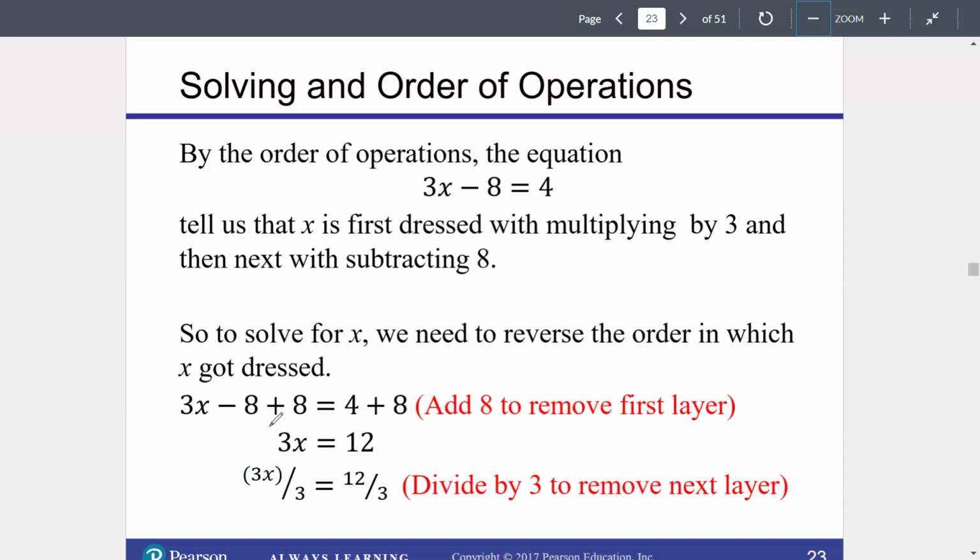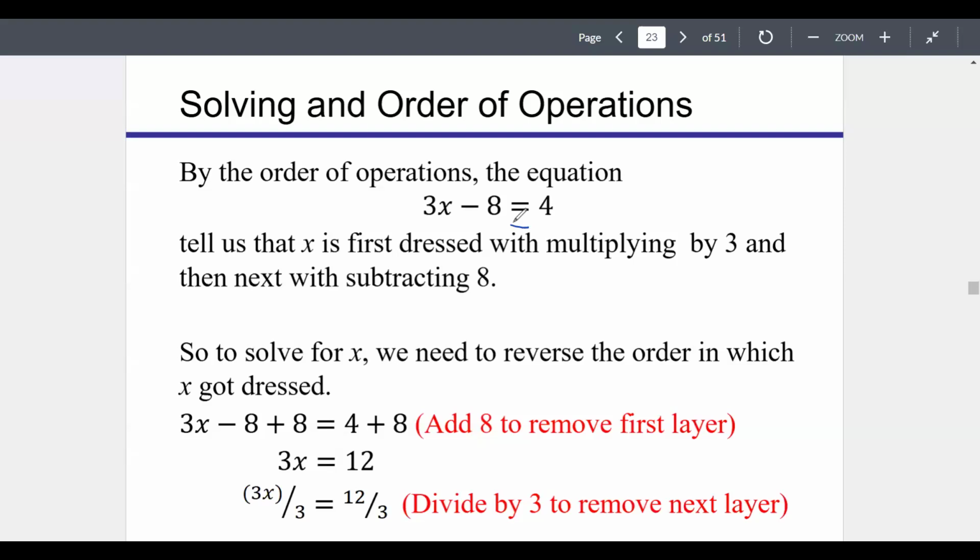As you see here, this was added, this was our last step or our last layer. And that 3 is my first layer. So the first thing we do is remove that last layer. The last layer we put on is the one we take off.